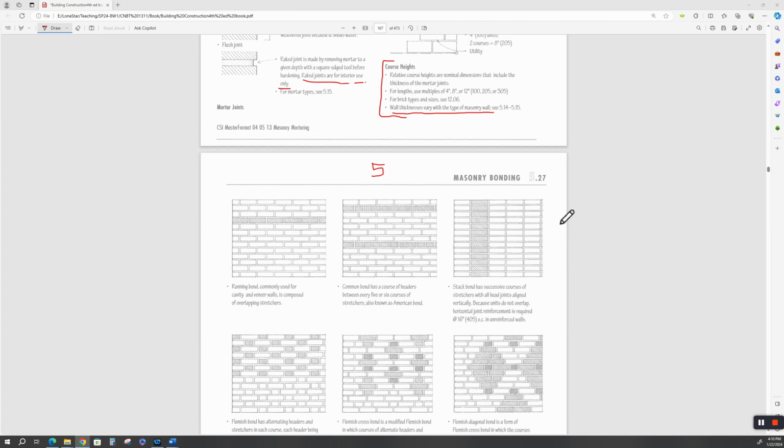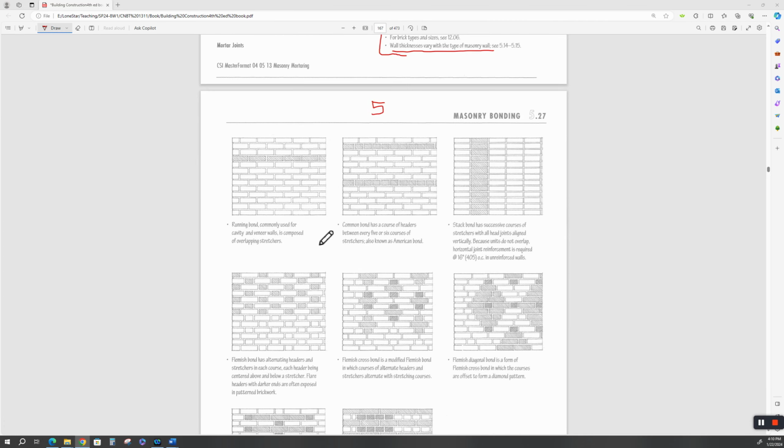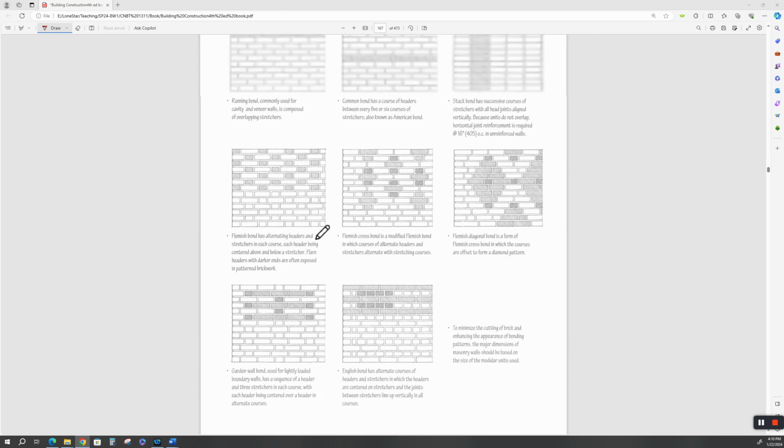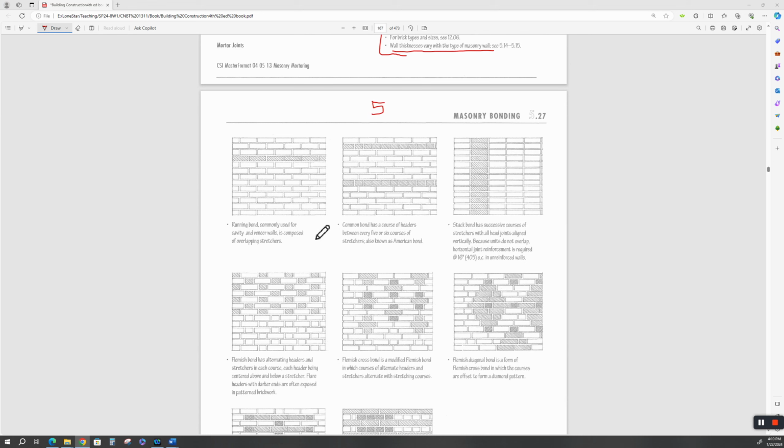All right, this page describes the different kinds of bonds. Running bond. It's commonly used for cavity walls, remember a cavity wall, and veneer walls, and it's composed of overlapping stretchers.